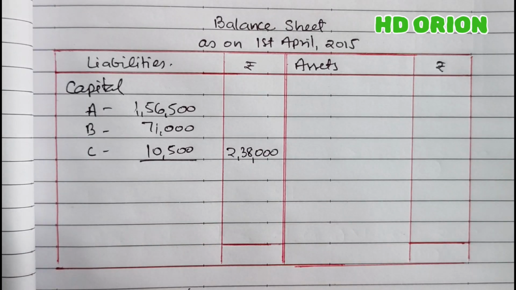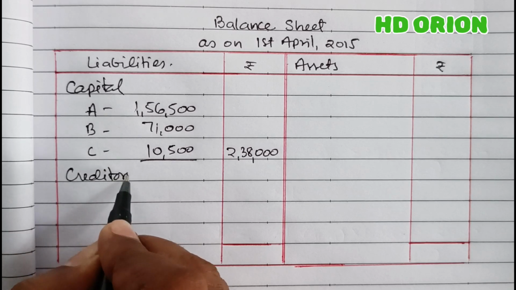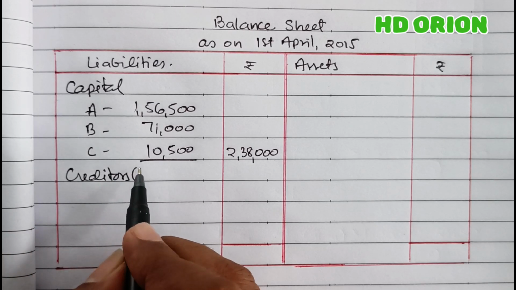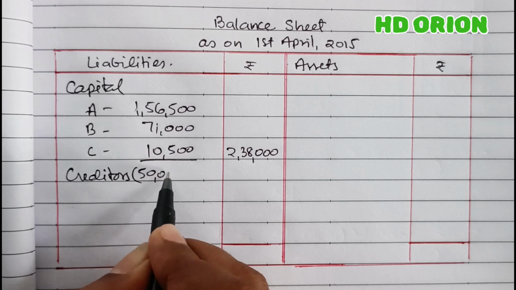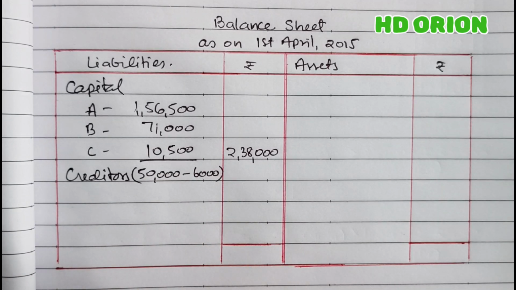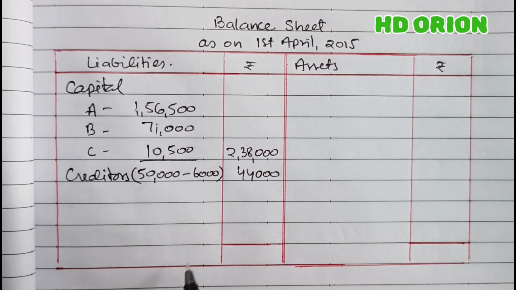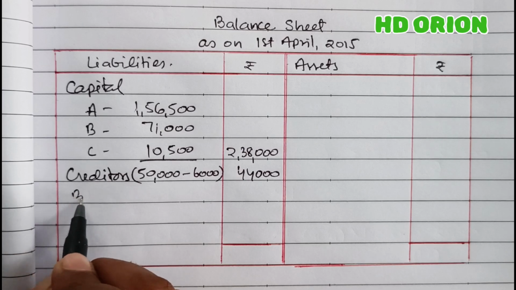Now look at the old balance sheet. There is creditors. So we will write creditors. It is of rupees 50,000, but 6,000 decrease is also given in point number 3. So it is 44,000 remaining creditors. Then bills payable is also there.